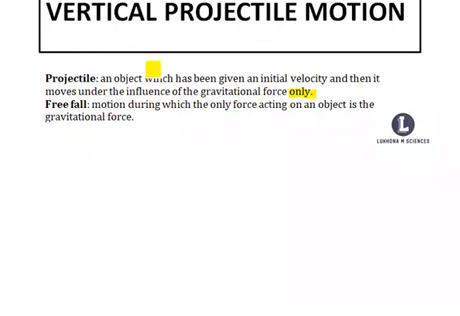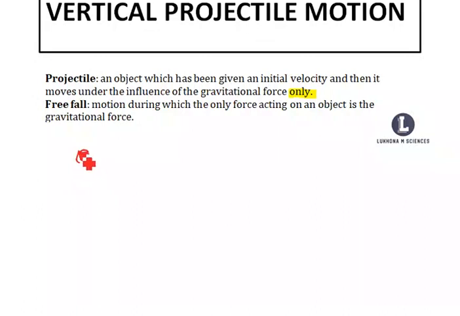gravitational force only, which means if you are drawing a free body diagram of a projectile, let's say you have a ball that is thrown vertically upwards, then they say draw a free body diagram. Remember, the free body diagram will show all the forces. So we have the bullet that will represent the ball.